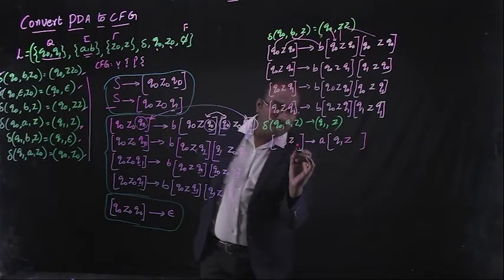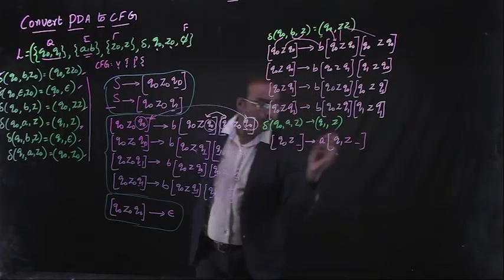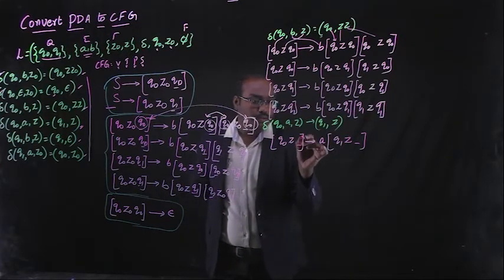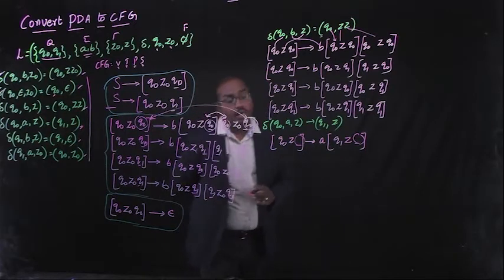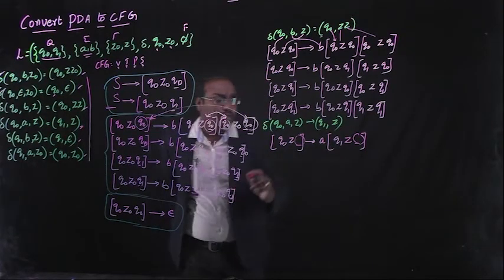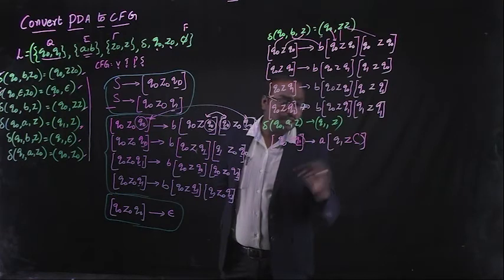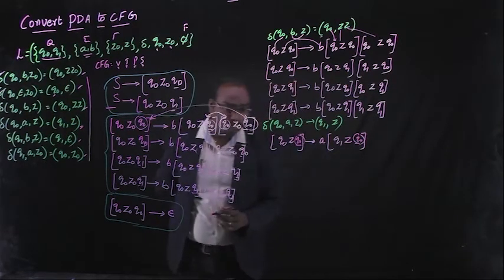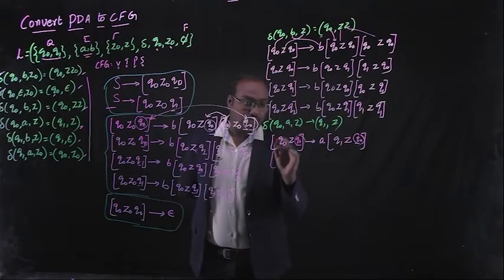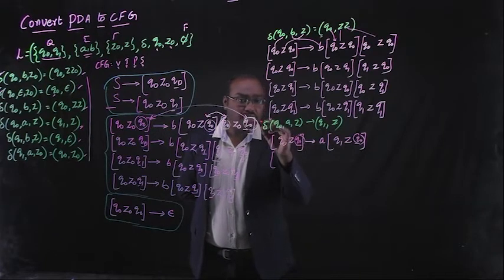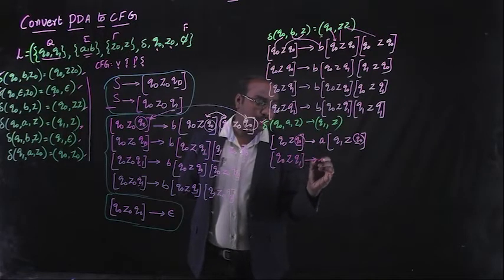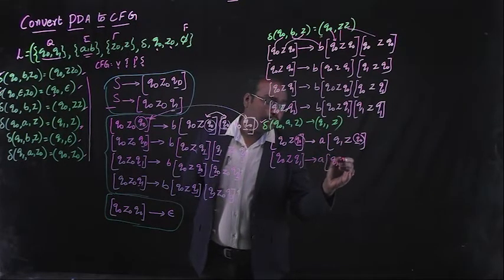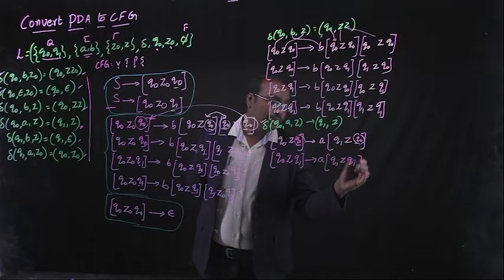So then how to fill these places? Here I have 2 states, Q naught and Q1. So for this transition function, we have to form 2 production rules. Q naught Z, Q1 tends to A Q1 Z, Q1.